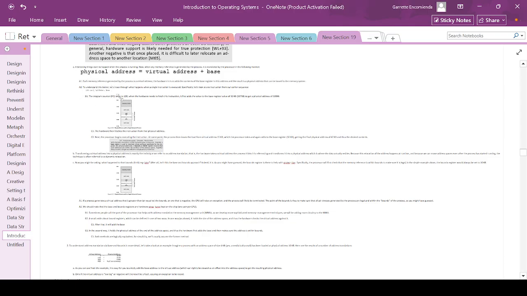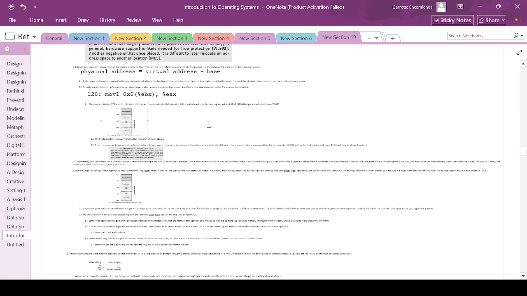To understand this better, let's trace through what happens when a single instruction is executed. Specifically, let's look at one instruction from our earlier example: 128, movl 0x0(%ebx), %eax.